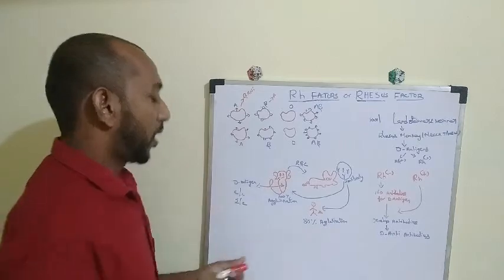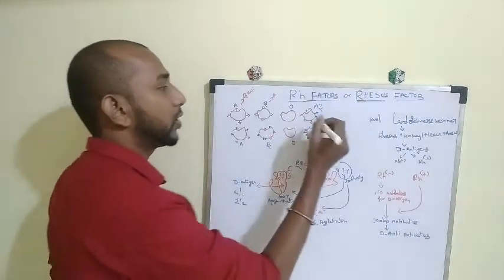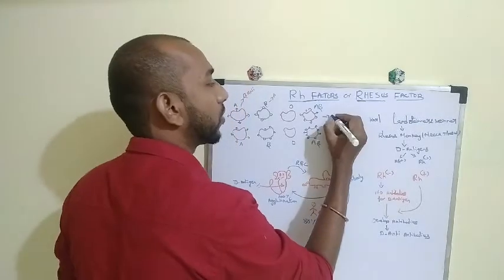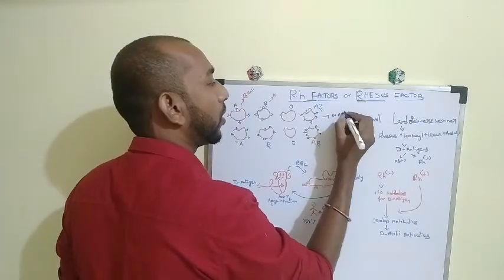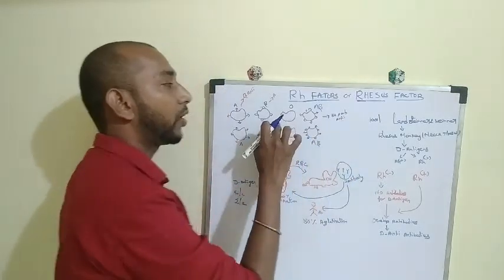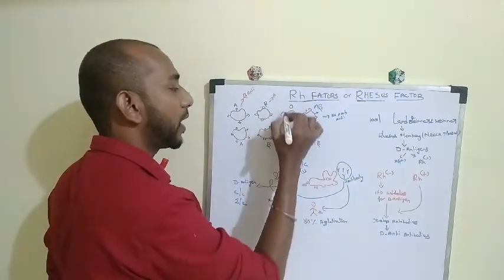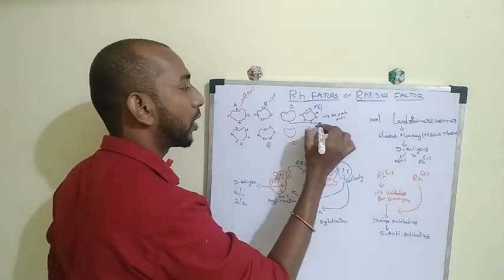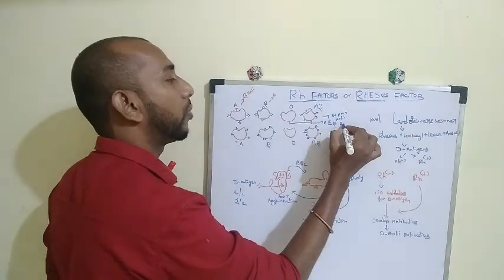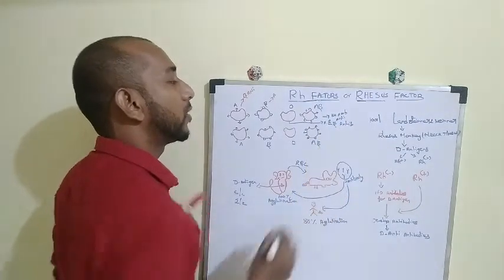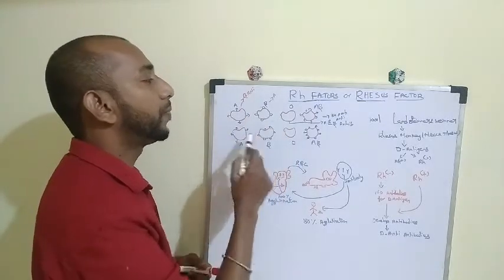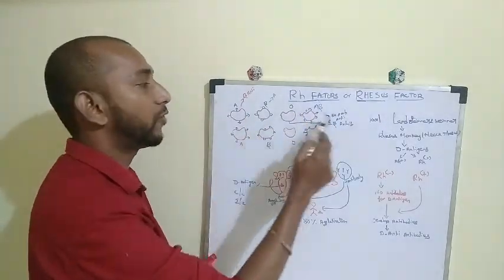So AB will not contain any antibodies, no A or B antibodies. If you take O blood group, they will contain both A and B antibodies. This is the reason why O blood group can give blood to every group and AB blood group can receive blood from everyone.